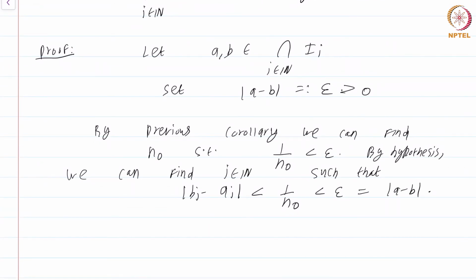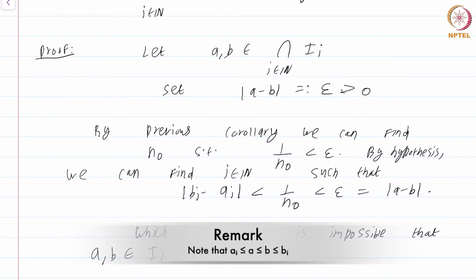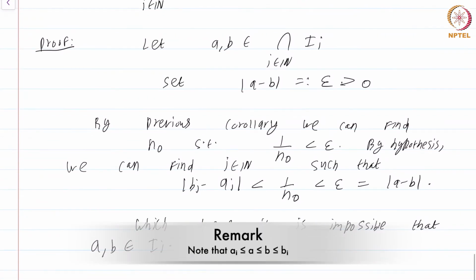So the length of the interval [a_n, b_n] is less than mod a minus b, which means it is impossible that a, b are both present in I_n.